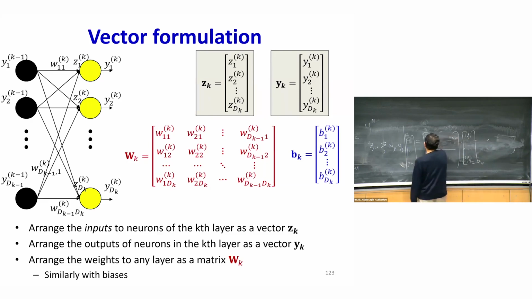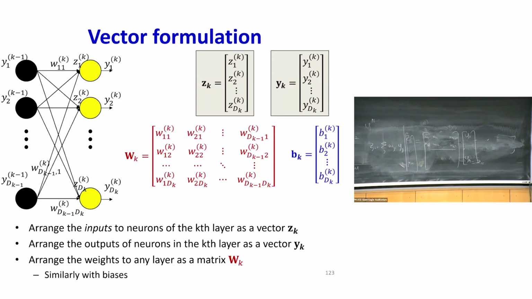This is going to be w12, w22, wn2, and so on. So I can write the whole thing as a weight matrix where the ith row of the weight matrix represents the set of weights to the ith neuron.